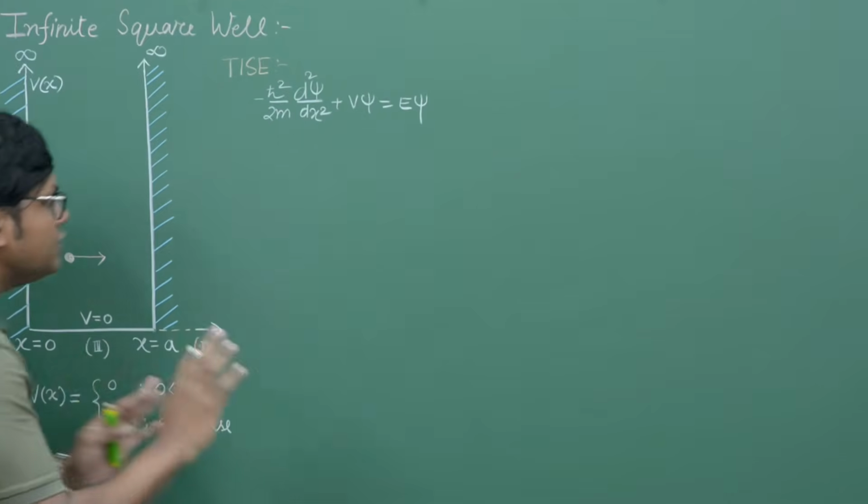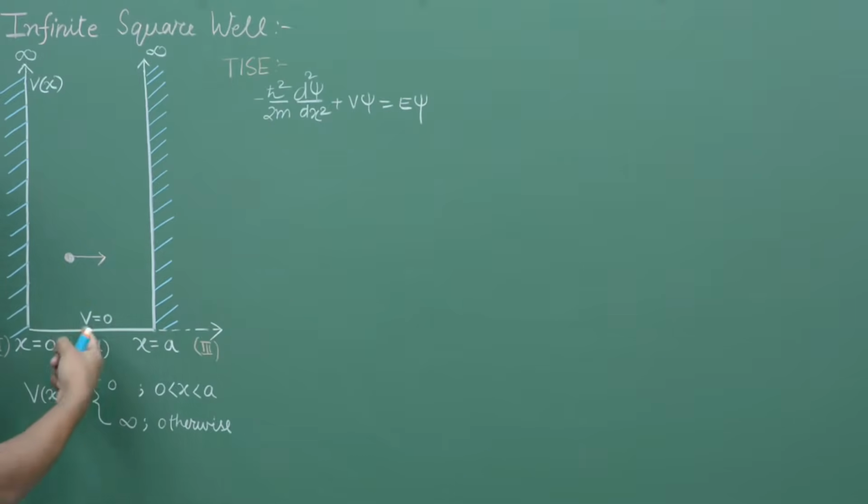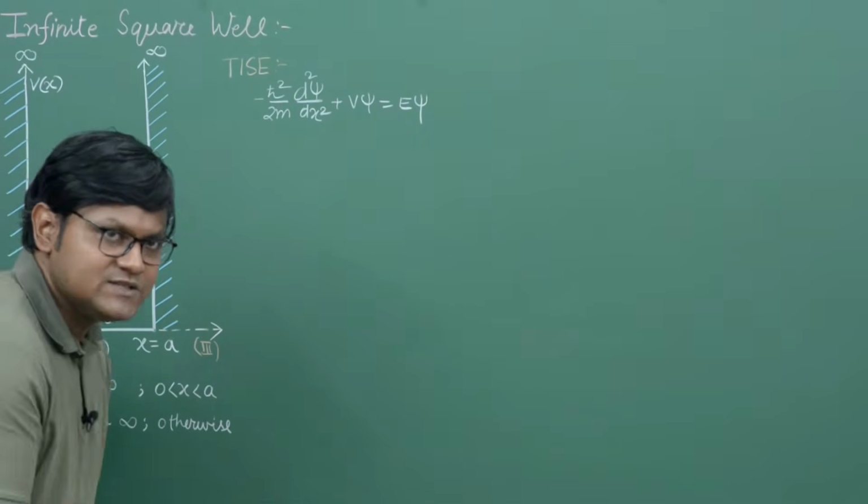So we are only going to solve the Schrodinger equation for region number 2. The interesting thing about region number 2 is that the potential here is 0, so inside, the particle is behaving like a free particle.